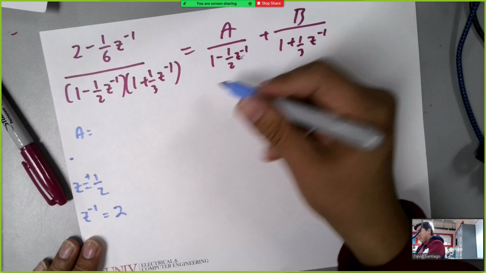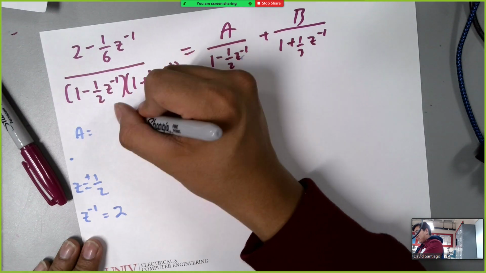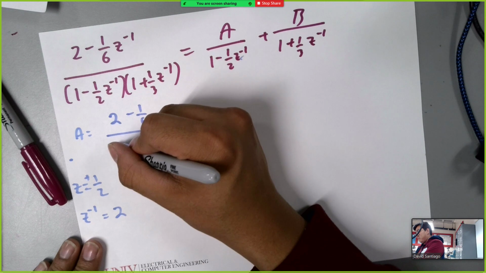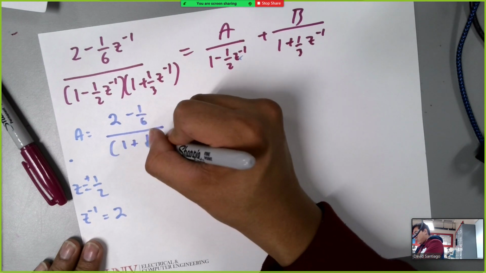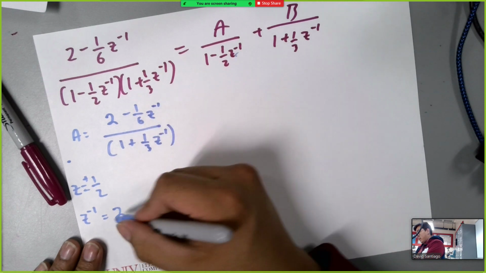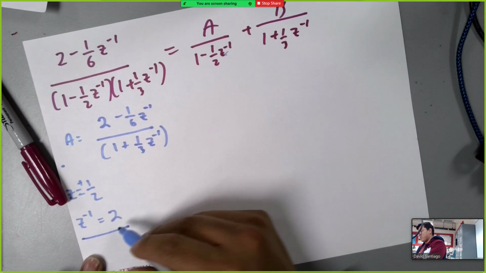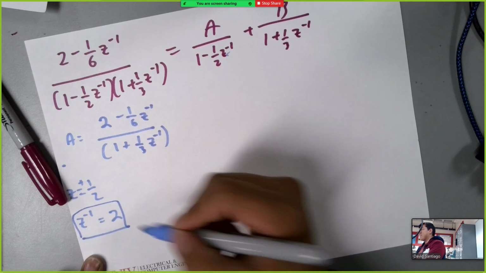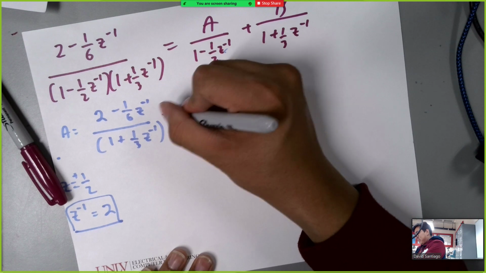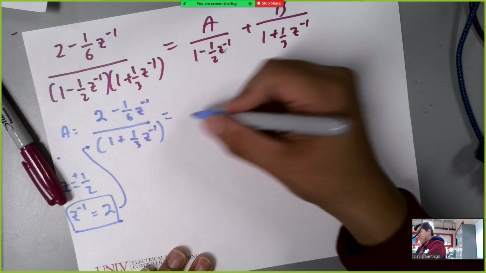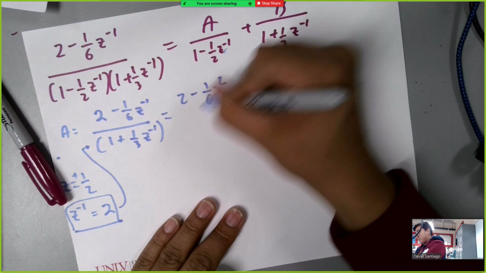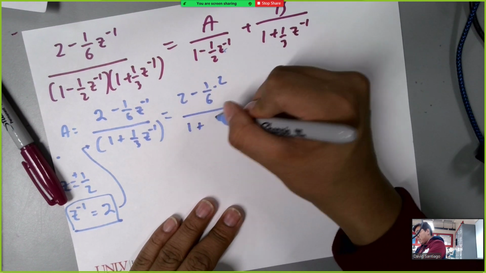So if I were to rewrite this, taking 2 minus 1 over 6, get rid of the pole, z to the minus 1, where we replace all the z to the minus 1s with a 2. Don't forget this. If you forget this, you're going to get some really, really bad numbers. So replace: 2 minus 1 over 6 times 2, and then 1 plus 2 over 3.